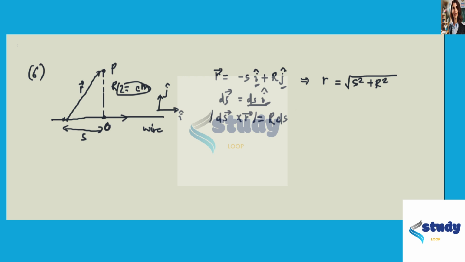So using equation 29.3, we can write dB as mu naught divided by 4 pi times I r ds divided by (s squared plus r squared) to the power 3 by 2.